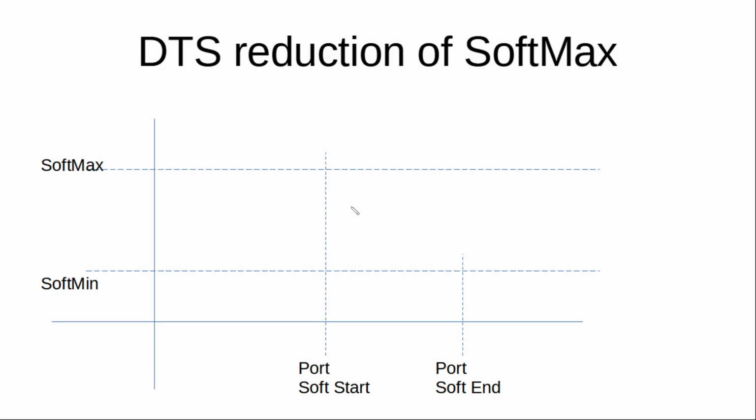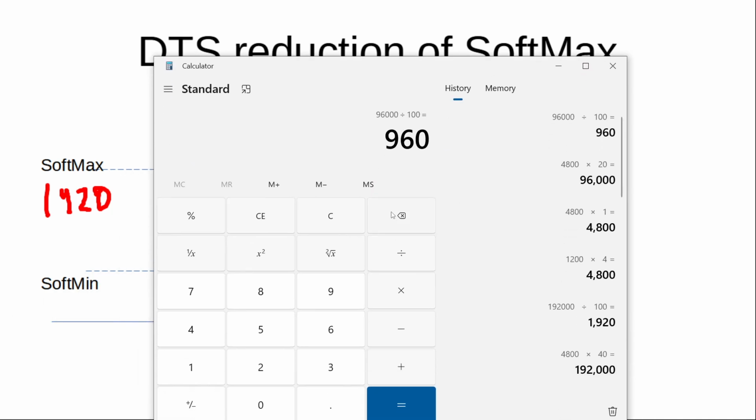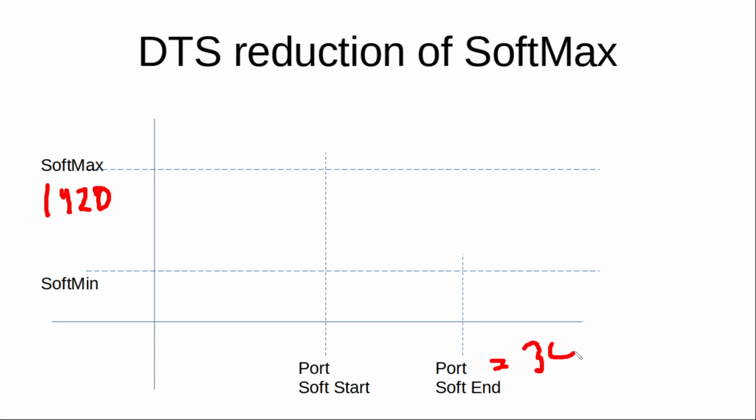So for instance, if SOFTMAX were, for instance, 1920, PortSoftEnd should be that value multiplied by 2. So in that example, if we had 1920 multiplied by 2, SOFTEnd will be 3840.